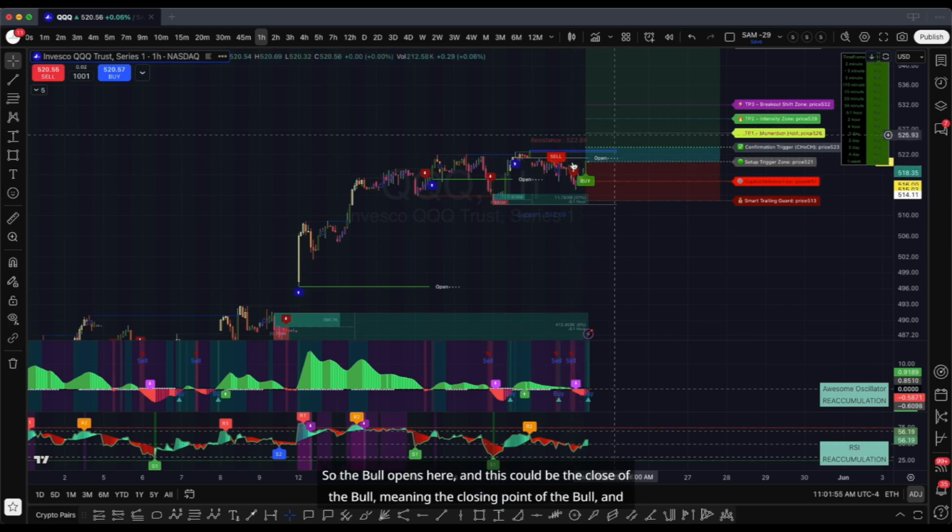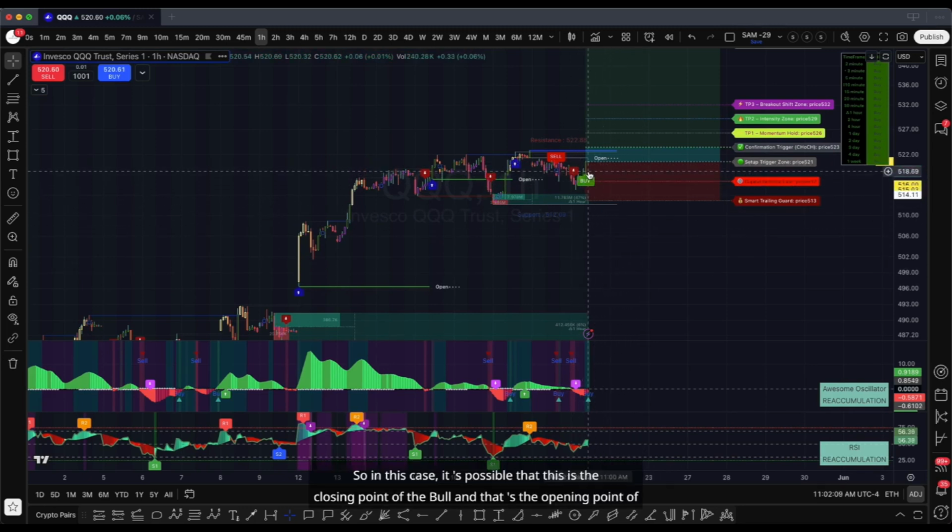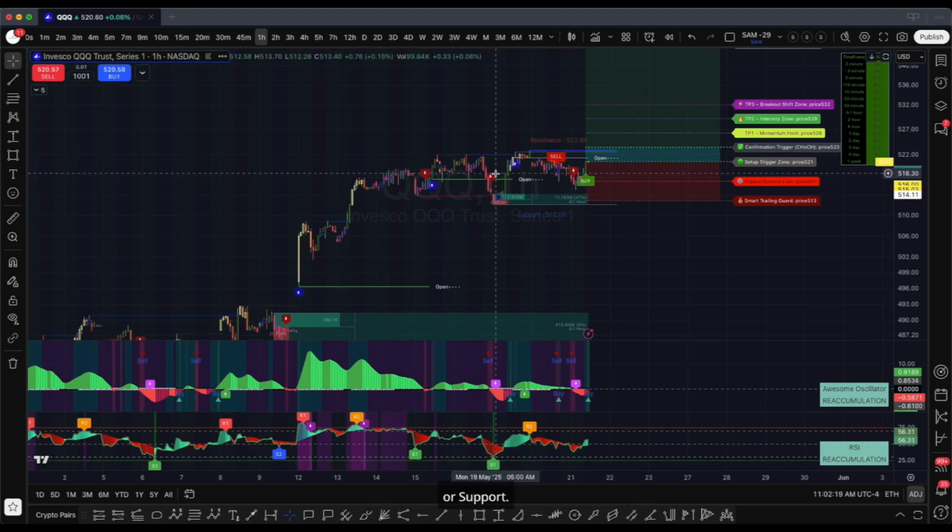So the bull opens here, and this could be the close of the bull, meaning the closing point of the bull, and it forms the bear point. The bear opens and it forms a downtrend. Okay, so in this case, it's possible that this is the closing point of the bull, and that's the opening point of the bull, or the opening point of the bear. So we're currently in this section, which is either resistance or support.